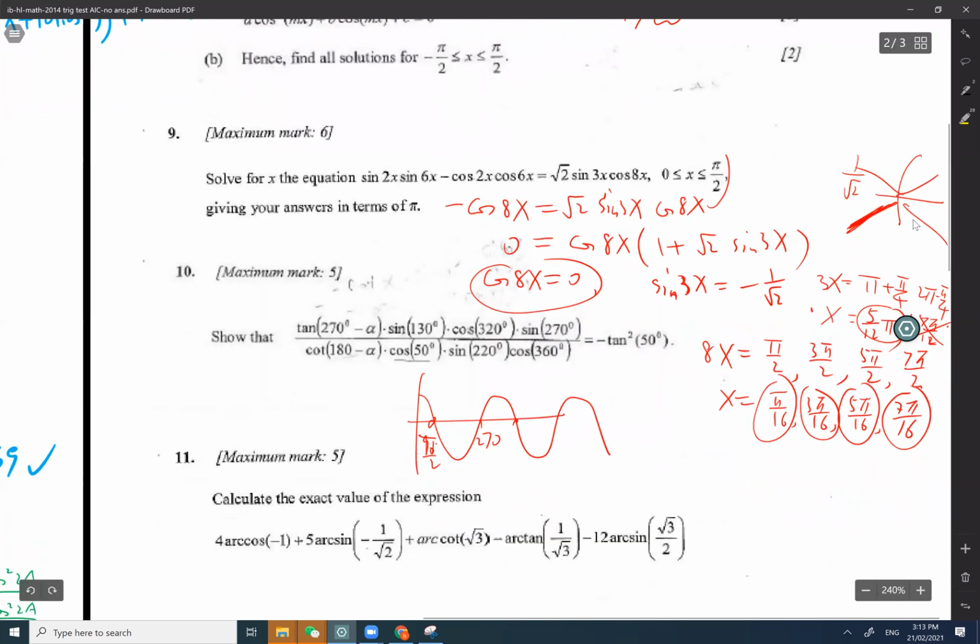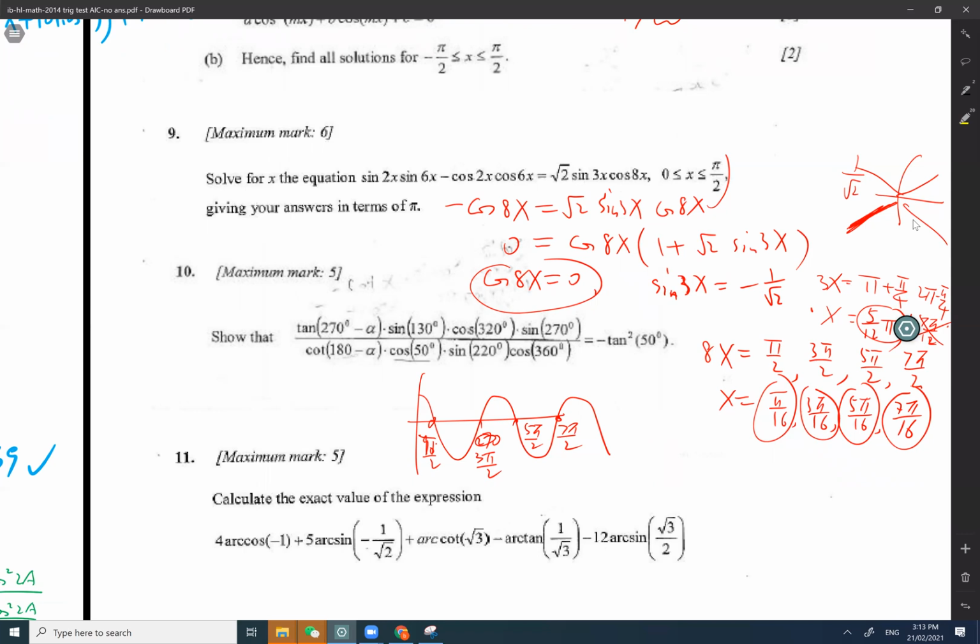For cos equals 0, you have 180 plus 90, or 360 plus 90. Or an odd number of 90 degrees, cos will be 0.